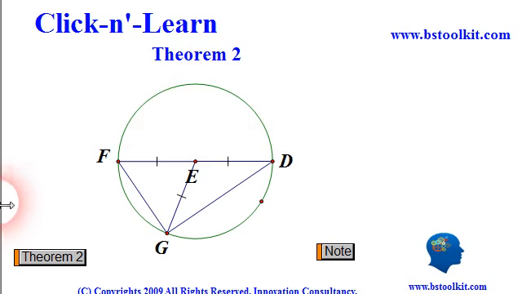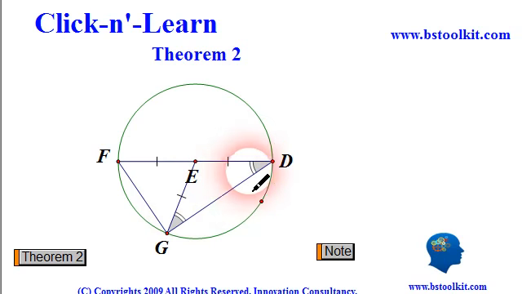So let's examine the angles here. The base angles of the triangle: this angle here would be equal to this angle. Why? Because they are the base angles of an isosceles triangle. You have one side equal, this side here equal to this side here.